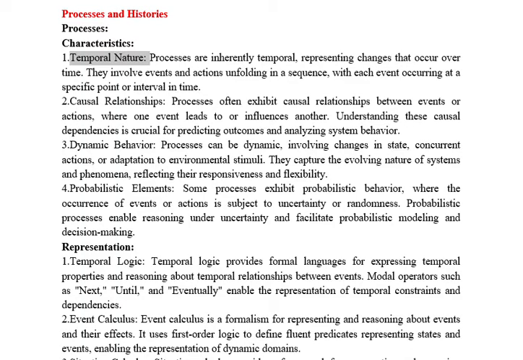Like the example which I explained, smoking to lung cancer. Smoking is linked to lung cancer. There is a cause and effect relationship between the two events, or we can say actions. This is known as the causal relationship, where we'll be predicting the outcome.